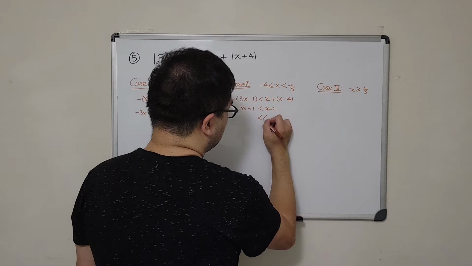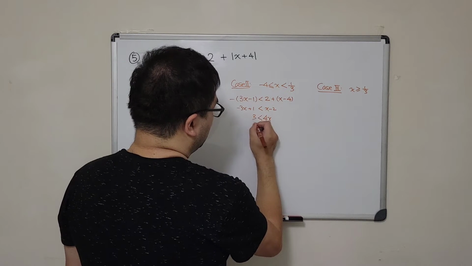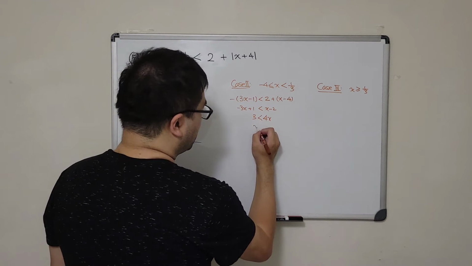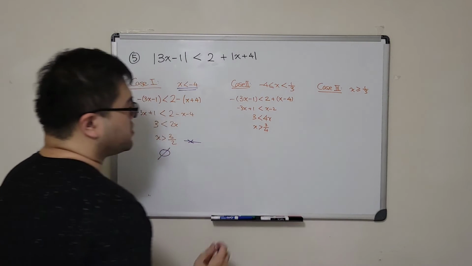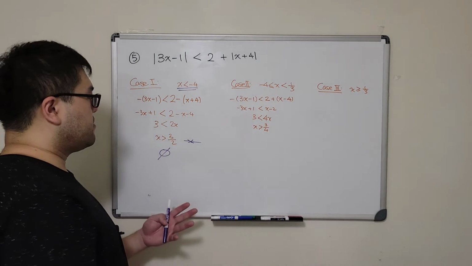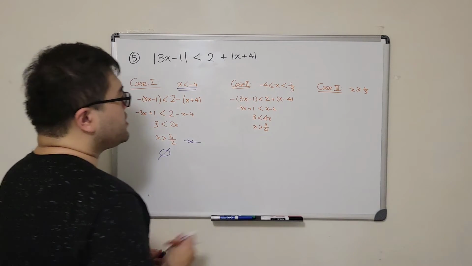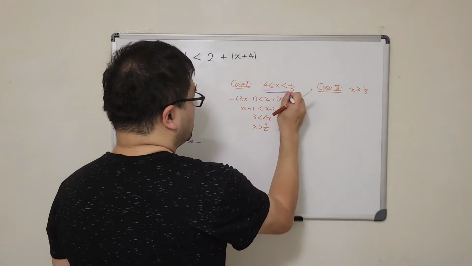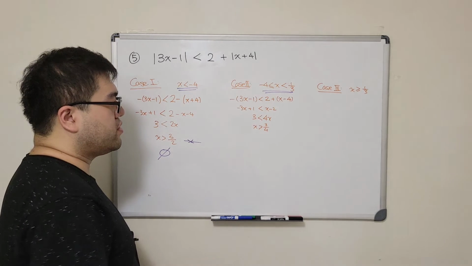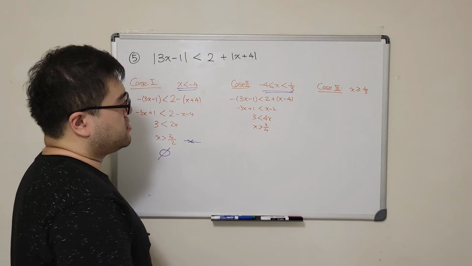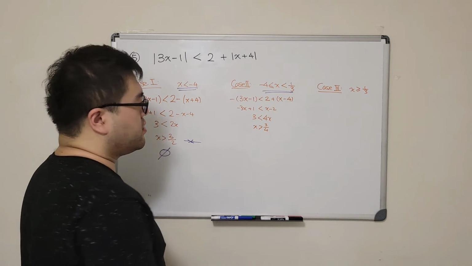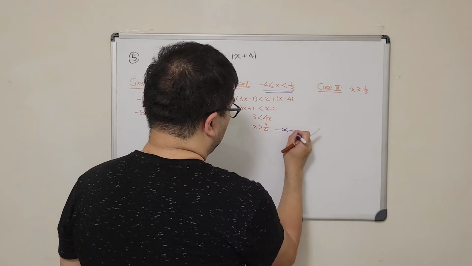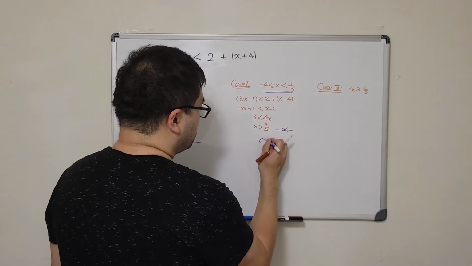So we get 3 is less than 4x, meaning x is greater than 3/4. What does that mean? Again, our condition is x has to be less than 1/3, but now we are saying that x is greater than 3/4, which is strictly greater than 1/3. So it is contradictory again, meaning there's no solution either.